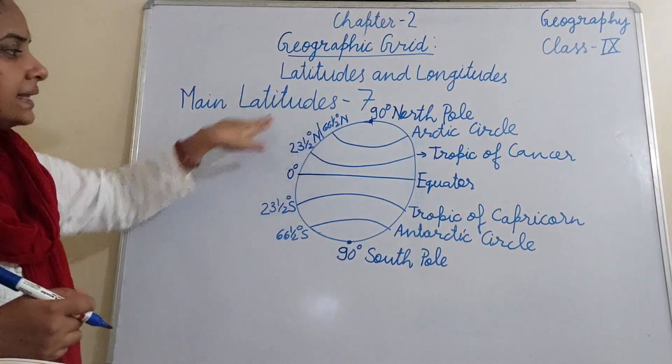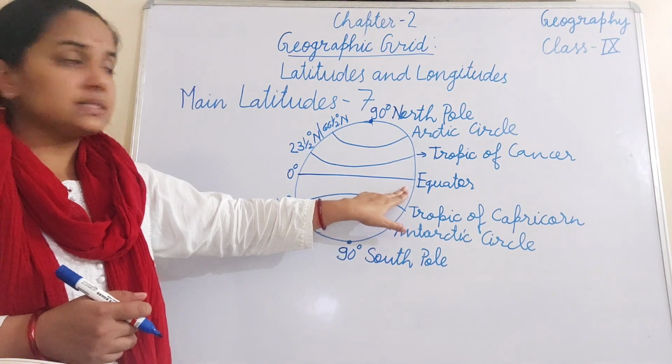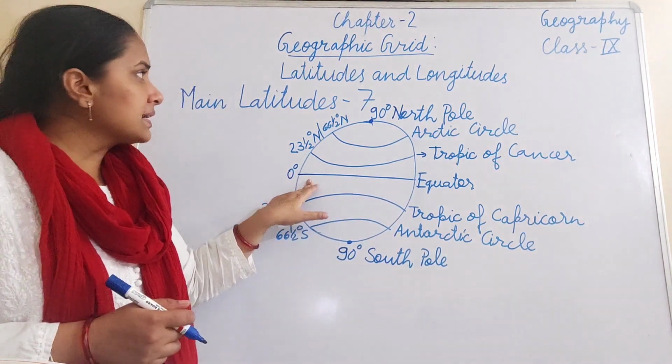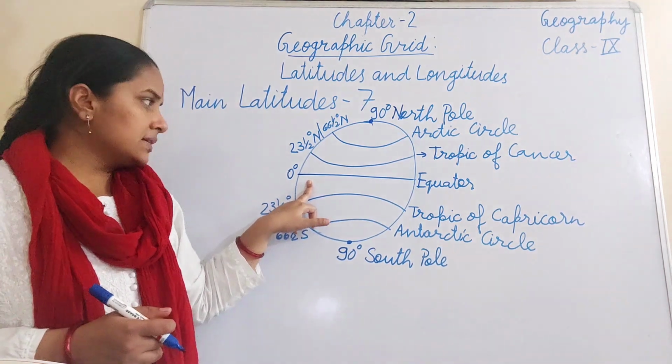As we have already discussed, the largest line of latitude is the equator. It is the Great Circle.